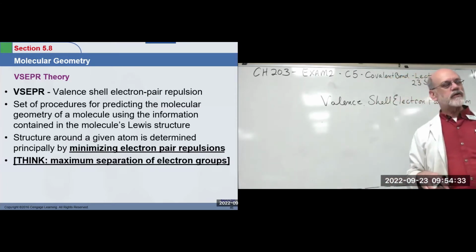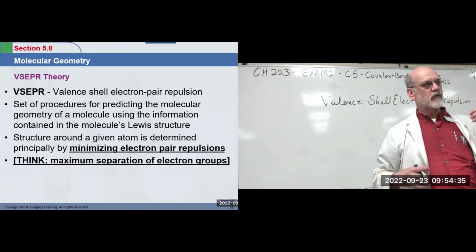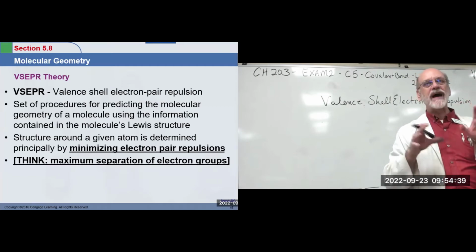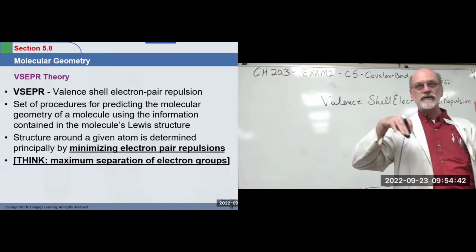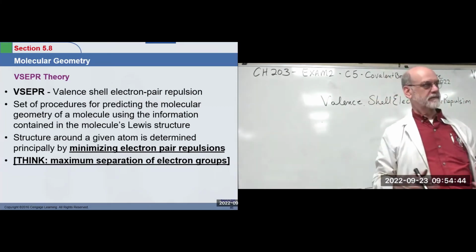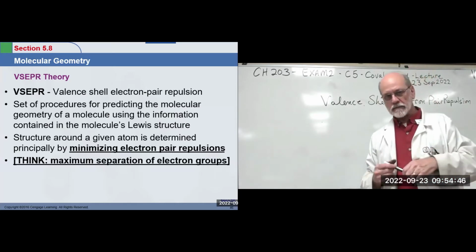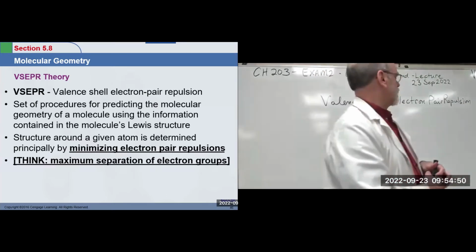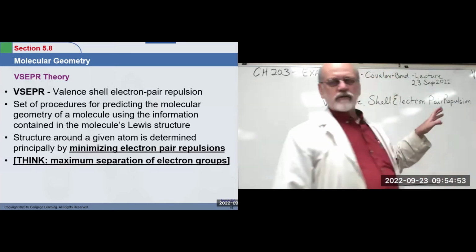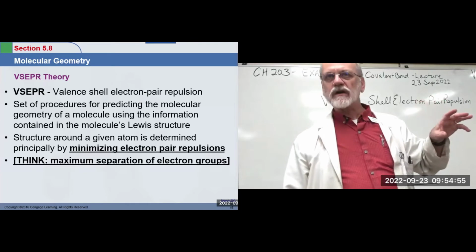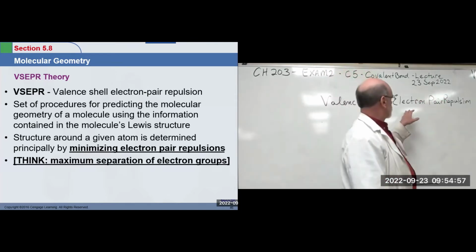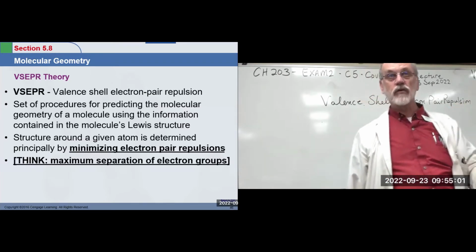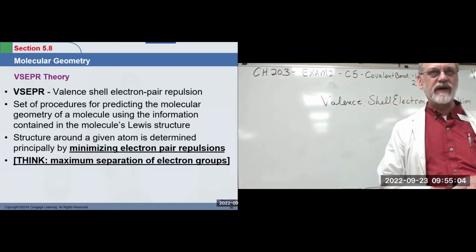And you go to the closest regular geometry that will give you that minimized repulsion, where they're as far apart from one another as you can get. Now, I think this thing was named by someone and it stuck because it's not always just the electron pairs. Sometimes you consider it electron groups. And I'll show you what I mean by that in just a minute.